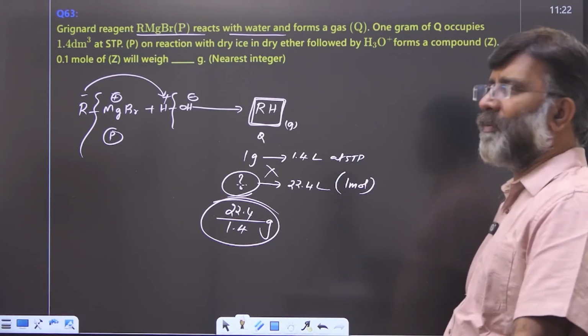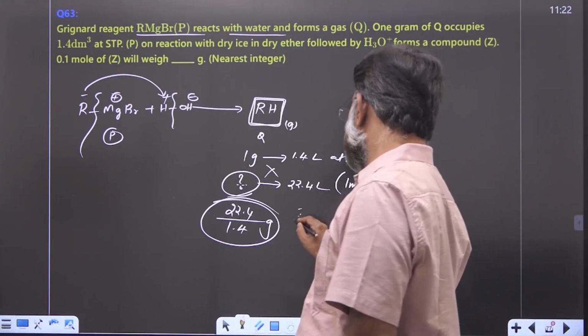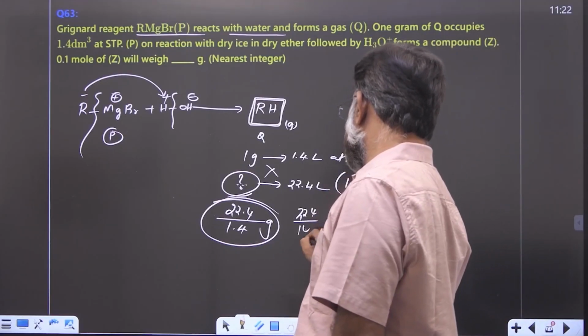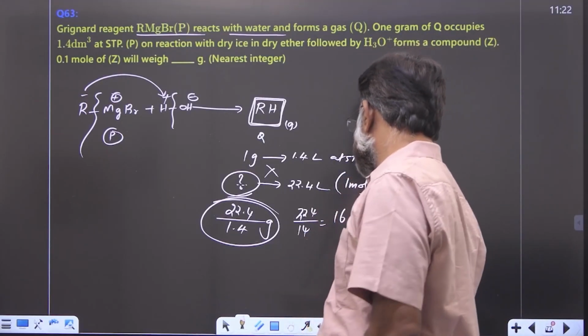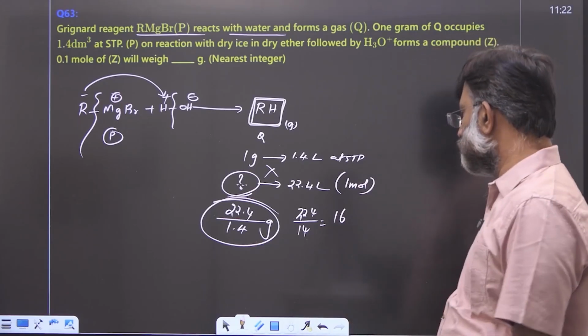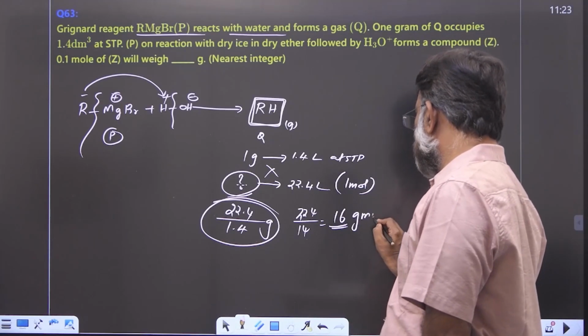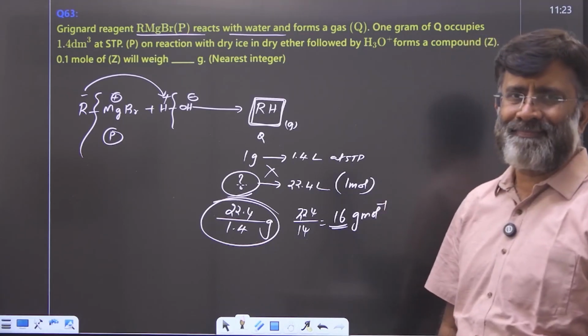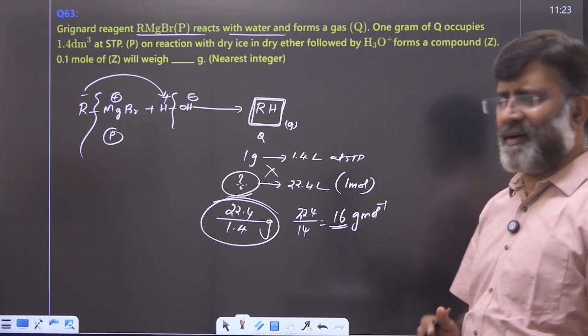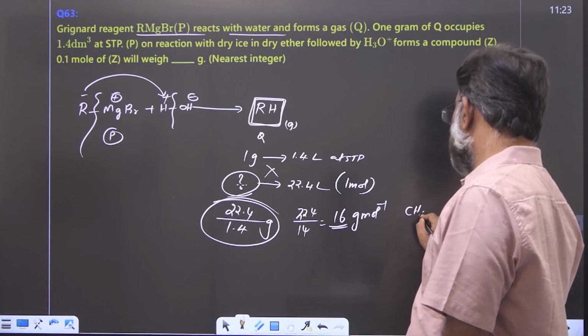22.4 by 1.4. That is 224 by 14. You will get 16, isn't it? This is the molar mass of the compound, right? And it's very simple to understand. This is nothing but methane.